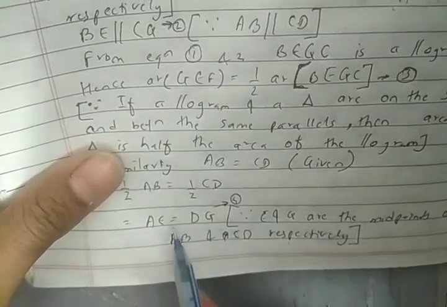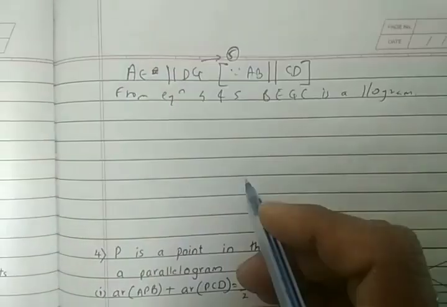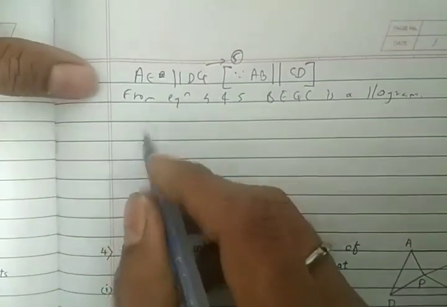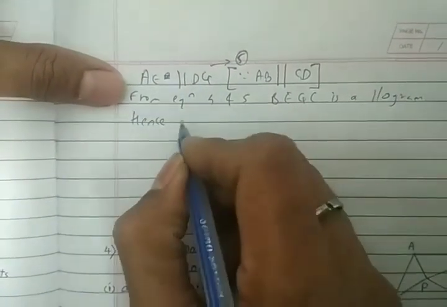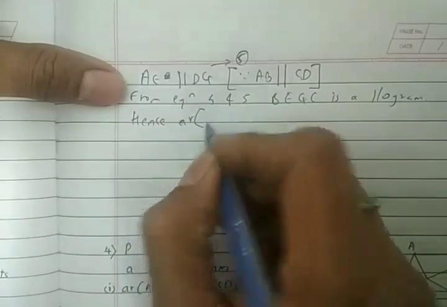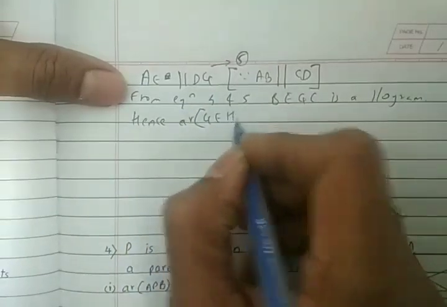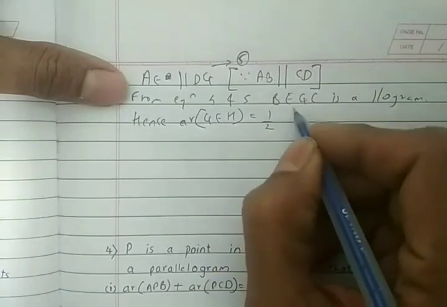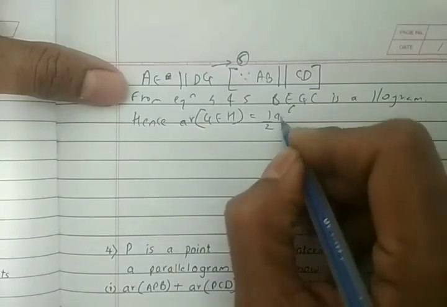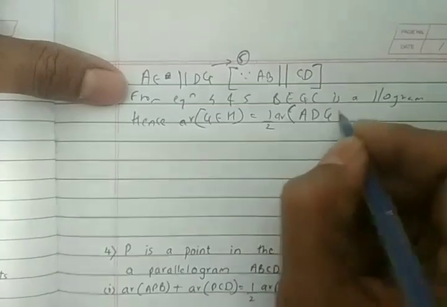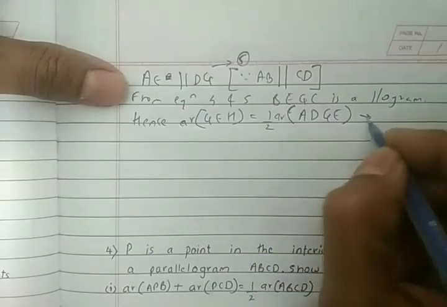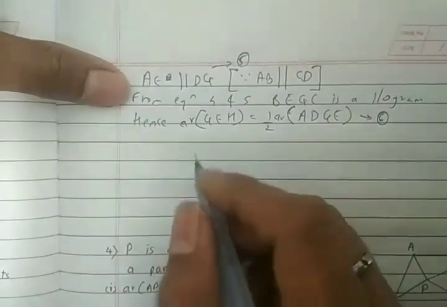Now from this equation number 4, AE equal to DG, we can also write that area of GEH triangle is half of area of parallelogram ADGE. This you name as equation number 6.